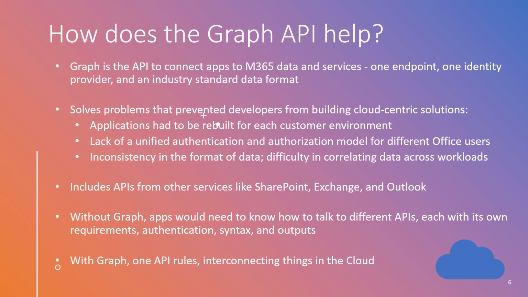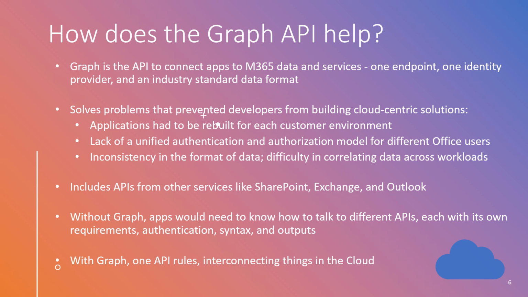The Graph API includes APIs from SharePoint, Exchange, and Outlook, all accessed through a single endpoint. As an example, for Exchange Online, Email and Calendar has its own API, which is outlook.office.com. OneDrive for Business would have its own API. All different services had their own APIs or endpoints.